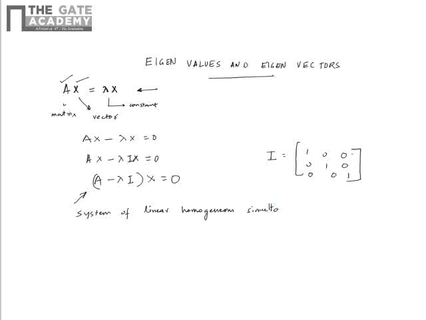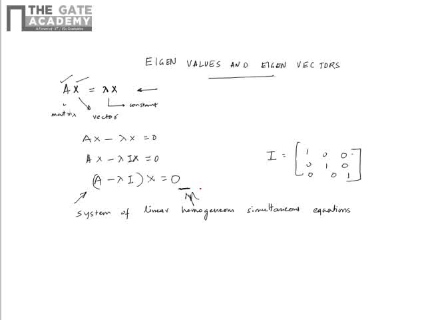What we have learned in the solution of equations, if you recall, is that this is a set of simultaneous linear equations which are homogeneous. Why homogeneous? Because the right hand side is 0.